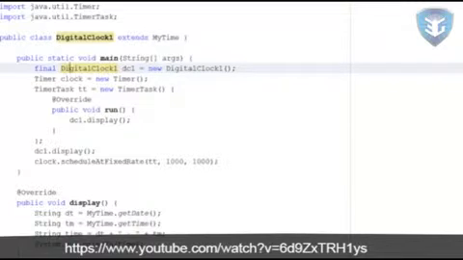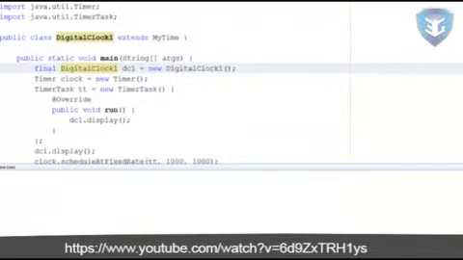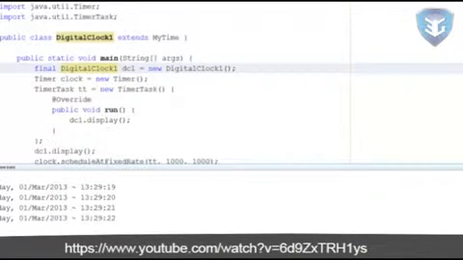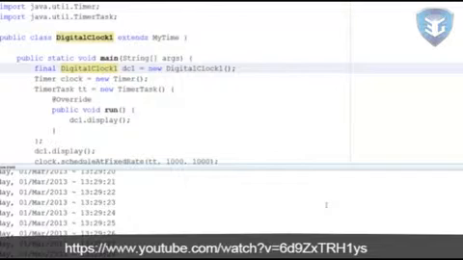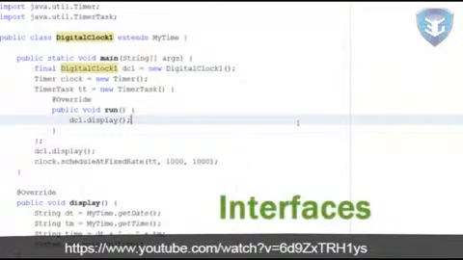What we're interested in here is that the public void display must be there because it was in our MyTime.java. So let me show you this running. Now it's fired and fired again and so on. You can see that every second it's printed out the time and date. Not a difficult program.